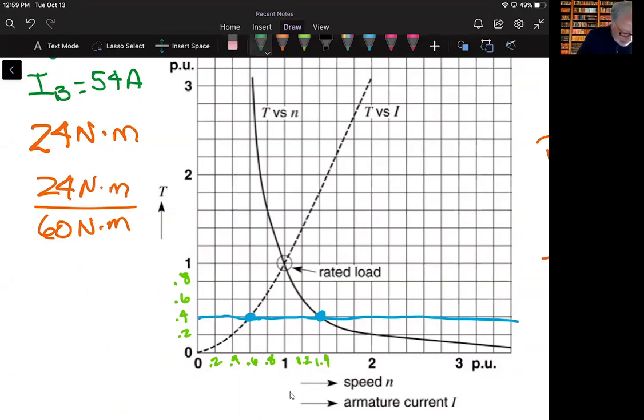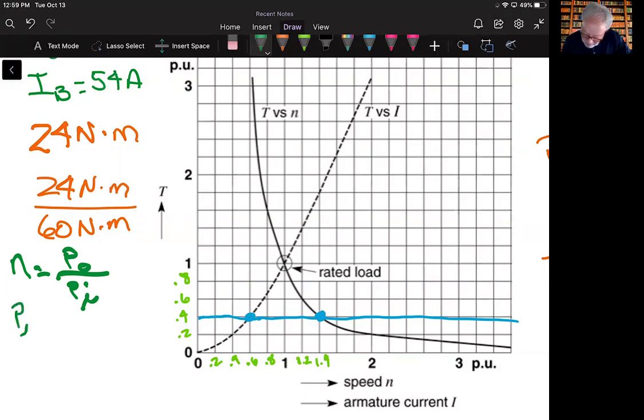And then the last thing he says, let's calculate the efficiency. So efficiency, we have an equation for that, and this is for really any system: the output divided by the input. In this particular case, for the power in and the power out, we're going to use two different equations.